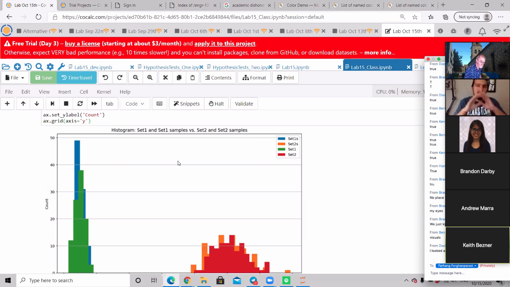Visuals. Okay, very good. That's where we were at the end of lab 14. We were using visuals, graphs, and looking at different plots to infer information about our population based on our samples.